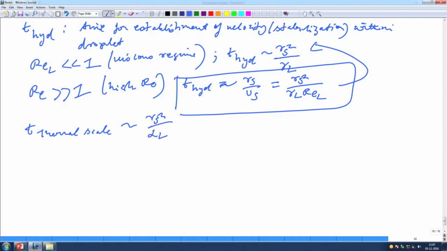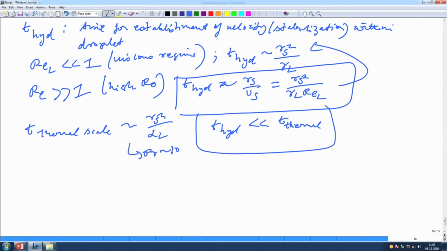And in the usual case, this t_hydrodynamic is much shorter than this t_thermal. So, this basically justifies why the Hill spherical vortex is always a good solution, and why it is a quasi steady kind of a thing. This also happens because your Prandtl number is always of the order of 1, of the order of 10 over here.